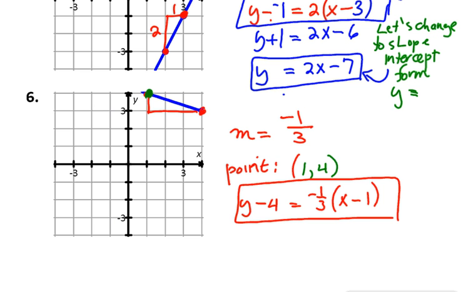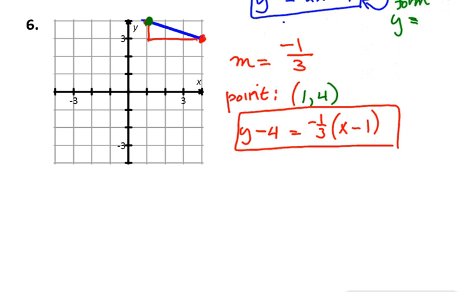Right there. There it is in point-slope form. What would it look like if I changed it to slope-intercept form? So let's do that. Slope-intercept form. Well, the first thing I want to do is get rid of the parentheses. Let's distribute.